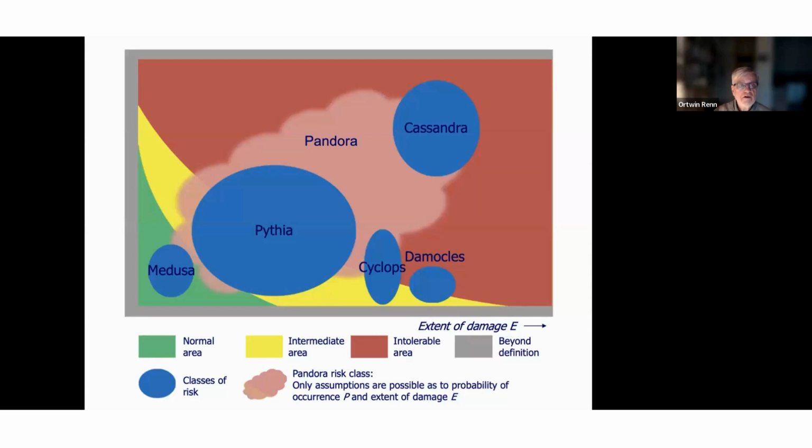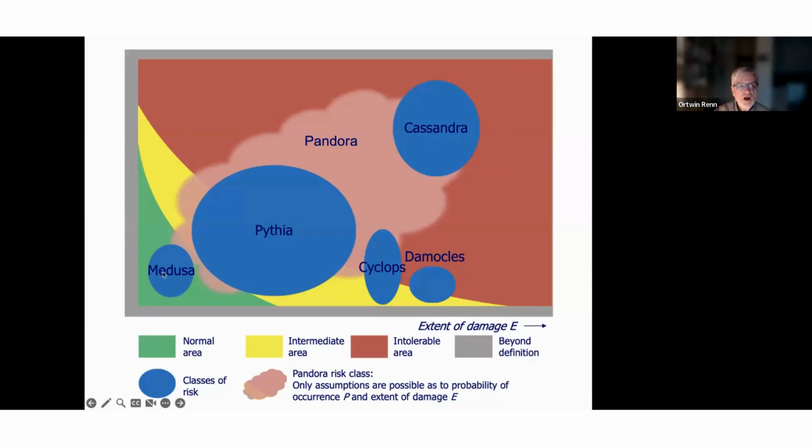Then we have the Pythia, where we have high uncertainties both on the extent of damage and on the probability. Then we have the Cassandra, where we have clearly something that's bad in terms of extent, but also bad in terms of probability, but nobody cares.